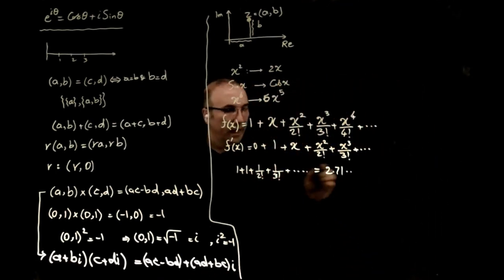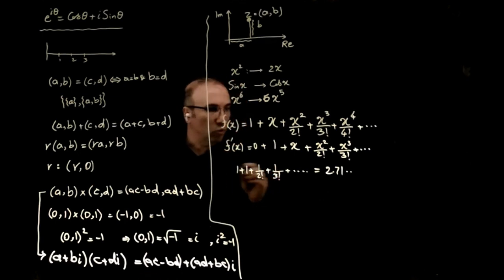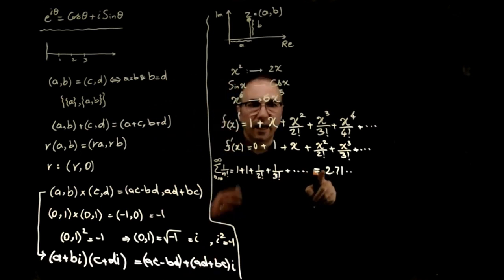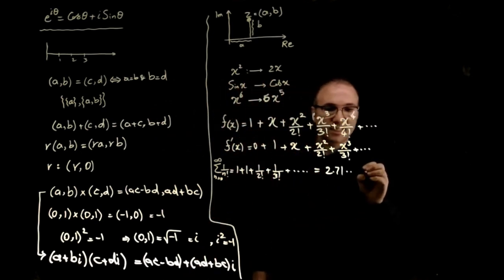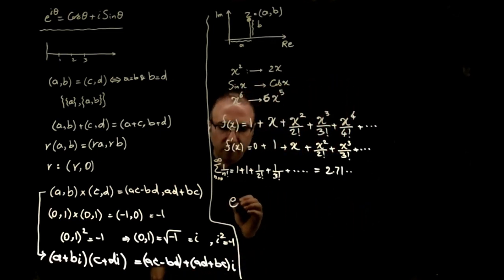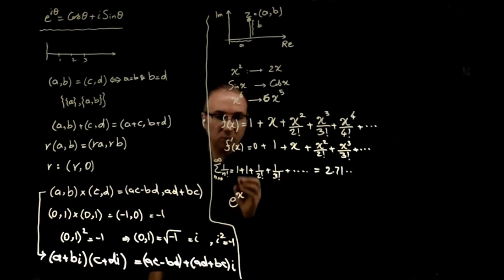All right, so I can write this as sigma of 1 over n factorial, n goes from 0 to infinity. So this would be an irrational number, and we call that e. So it turns out that this f of x, I can say that it is e to the power of x, all right?